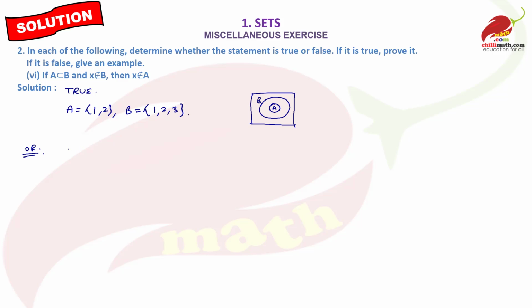Suppose X belongs to A. Okay, let X belong to A. This is an assumption. So if X belongs to A, as A is a subset of B, that means X will definitely be in B. I mention over here because A is a subset of B. But we are given X does not belong to B. So therefore our supposition is wrong.